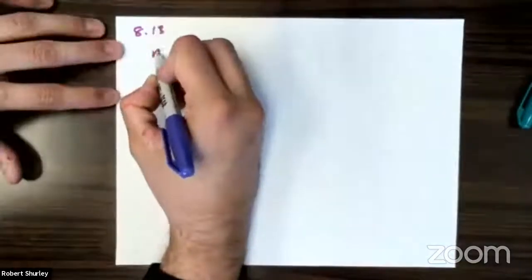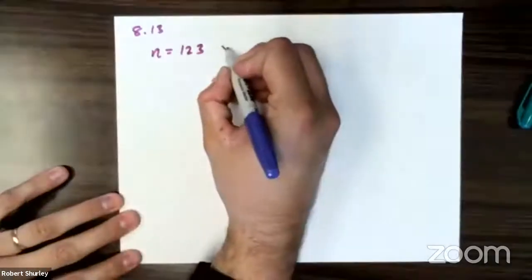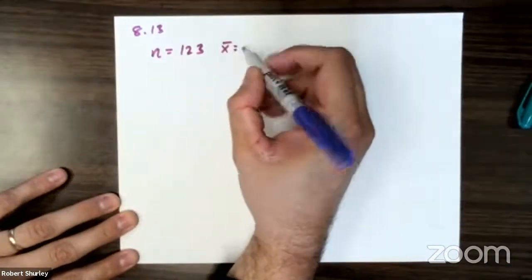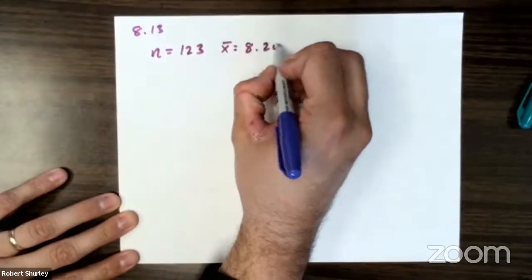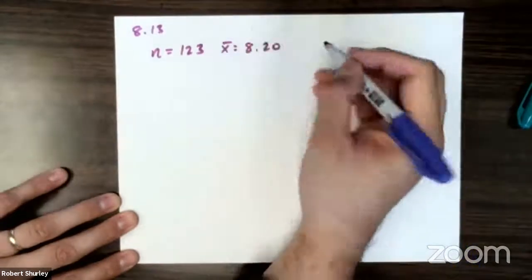It says the General Social Survey is a survey of opinions and lifestyles of U.S. adults conducted by the National Opinion Research Center at the University of Chicago. A sample of 123 people aged 18 to 22 reported the number of hours they spent on the internet in an average week. The sample mean was 8.20 hours with a sample standard deviation.